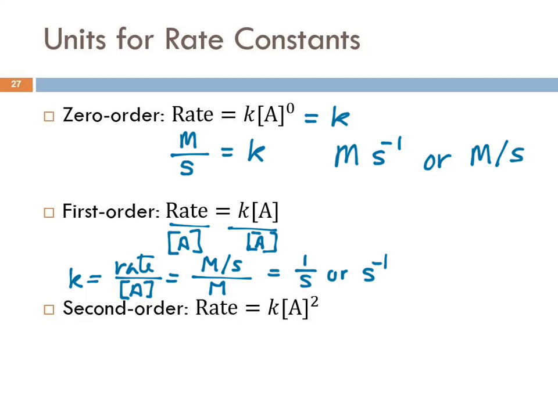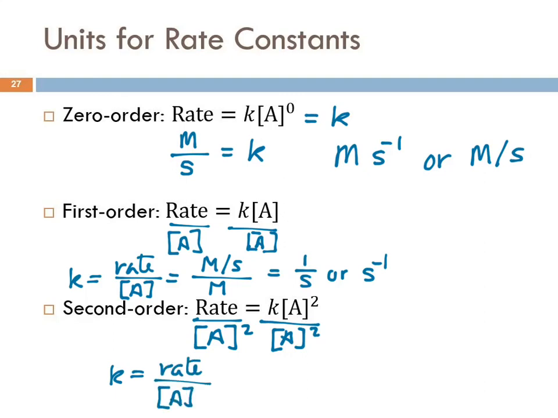Let's do the same thing for second order. Here we're going to divide by A squared. So K equals the rate divided by the concentration squared. Well, the rate is molarity per second.